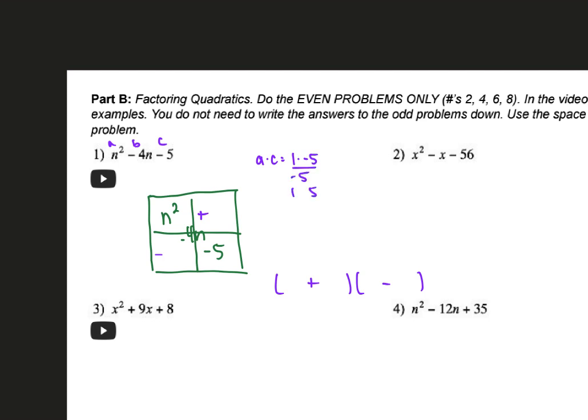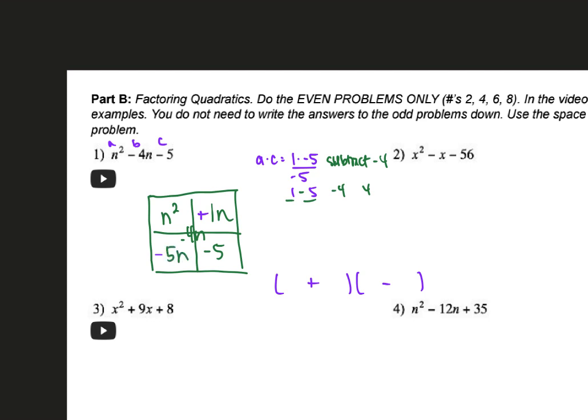So my only factors are 1 and 5. In this problem, we're going to subtract to make negative 4. Well, this is our only option, right? So we just have to figure out which one's positive and which one's negative. 1 minus 5 is negative 4. 5 minus 1 is 4. So that means it's going to be 1 and negative 5. So this is going to be 1n and negative 5n.